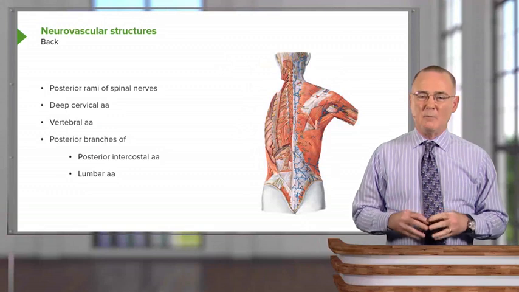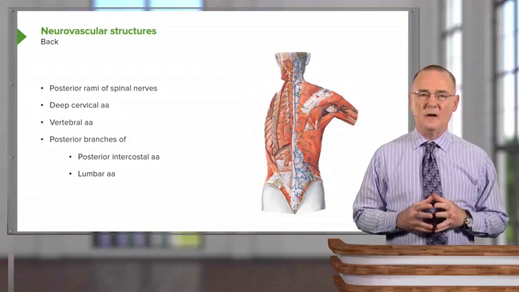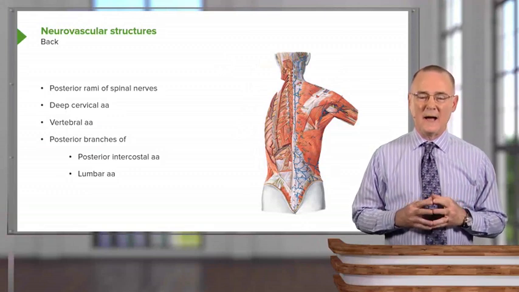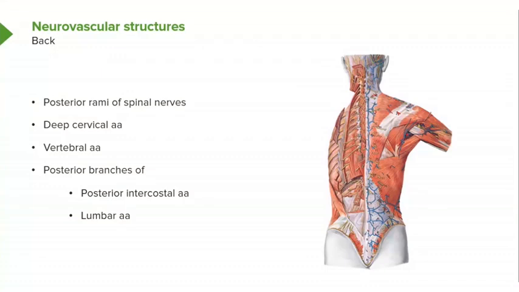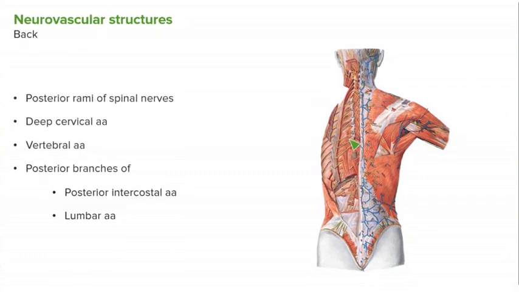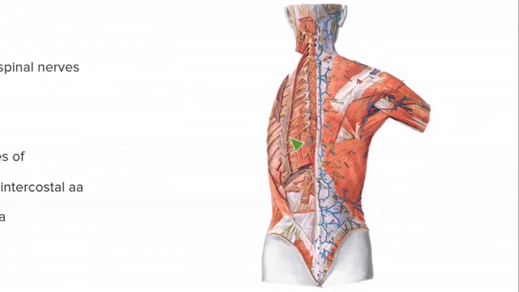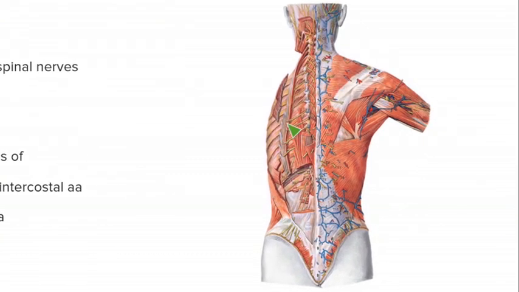This is a more global look at the neurovasculature of the back. If we take a look here, we can see a deeper dissection on the left side of the image, more of a superficial view or dissection on the right side of the image. These branches that we see coursing along here with some of the terminal twigs going into the iliocostalis column of the erector spinae.